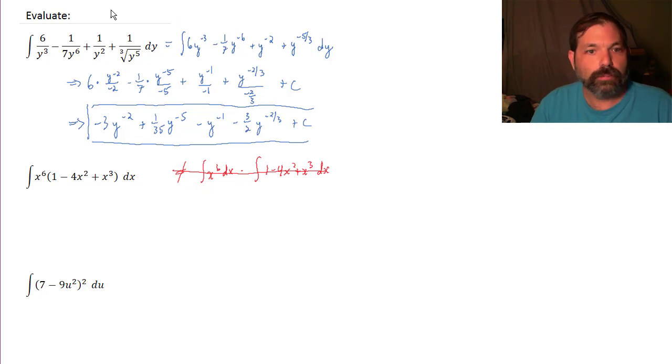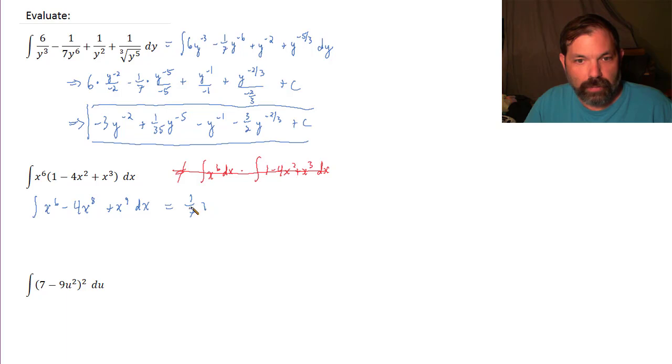Instead, distribute. This is the integral of x to the sixth minus 4x to the eighth plus x to the ninth dx. So then that would be 1/7 x to the seventh. Sorry, let me be careful. All right, so that would become x to the seventh over 7 minus 4 times x to the ninth over 9 plus x to the 10th over 10 plus a constant.